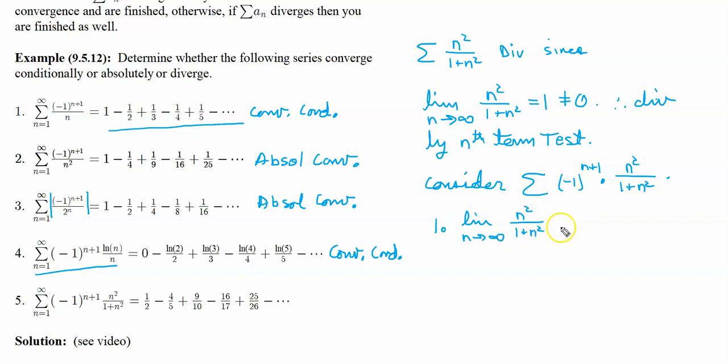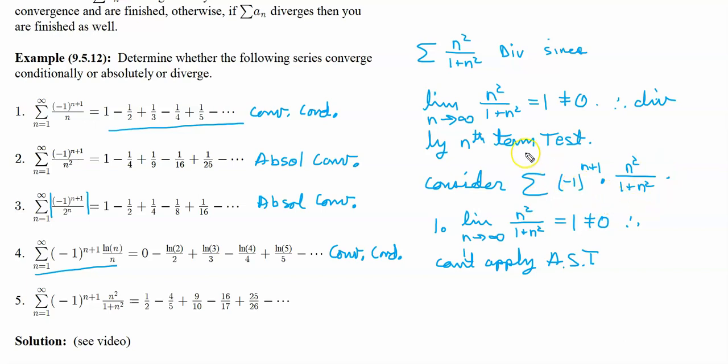But in this case, it's equal to 1, which does not equal 0. Therefore, we cannot apply the alternating series test. Okay, so now we're sort of back to square one. What do we do with this? Does it converge or diverge?